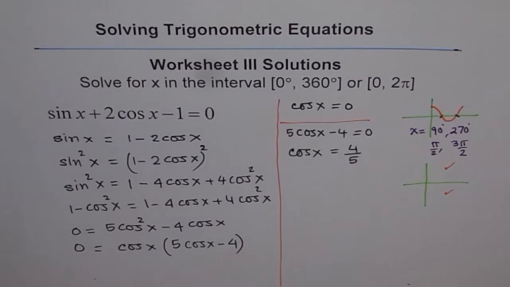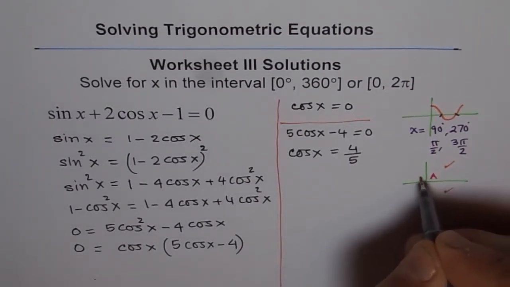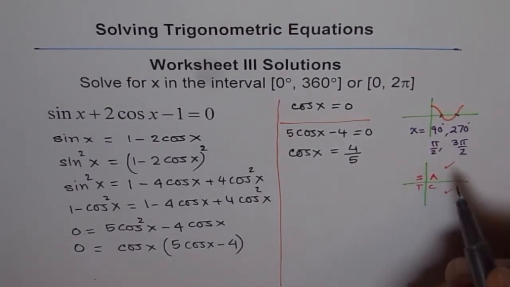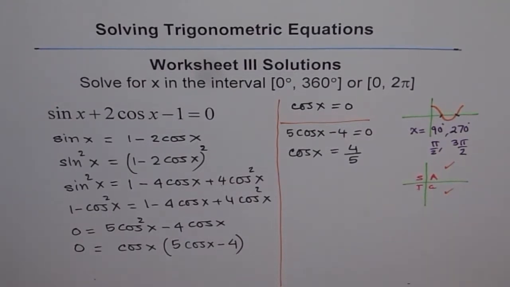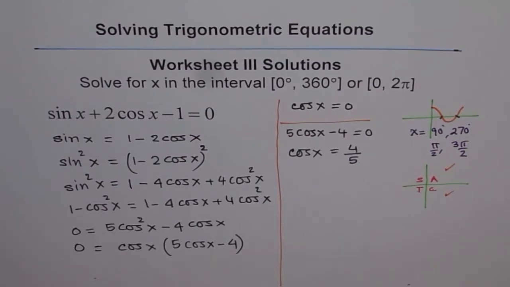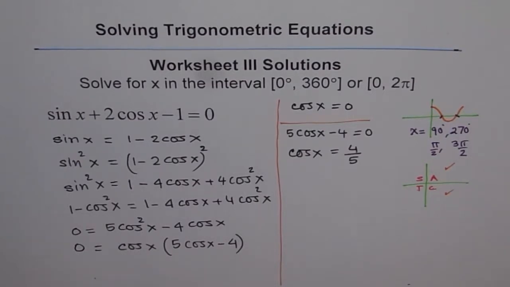You remember all silver teacups, or the CAST rule, C-A-S-T, right? Either way, you get cos as positive in quadrant 4 and in quadrant 1. So we can use our calculator to figure out cos inverse of 4 over 5. Cos inverse of 4 divided by 5 gives us 36.86.